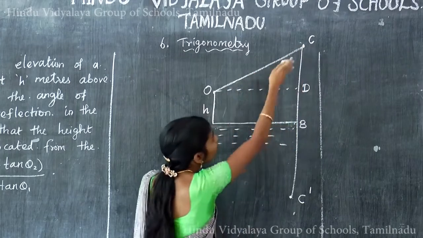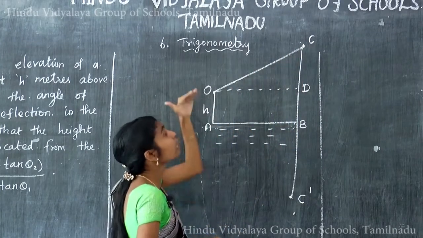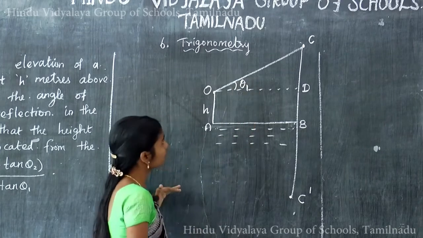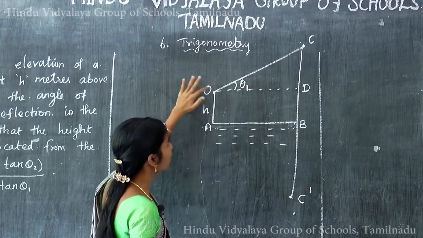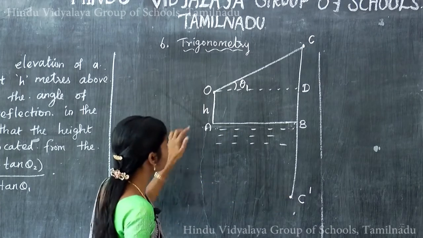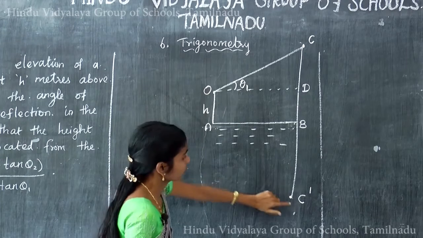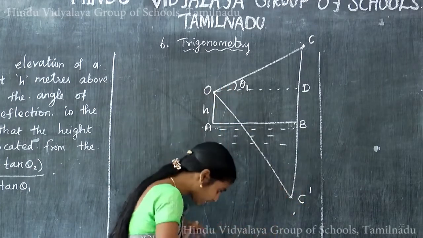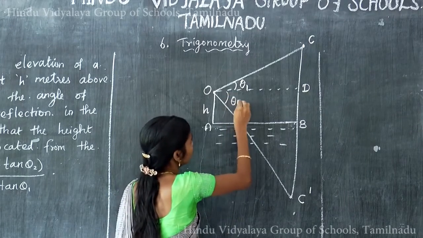This is the angle of elevation. So it is looking up. So this is theta 1. Also given the angle of depression from O to its reflection is theta 2. That is from O to C dash, the angle of depression, that is looking down. So this is theta 2.